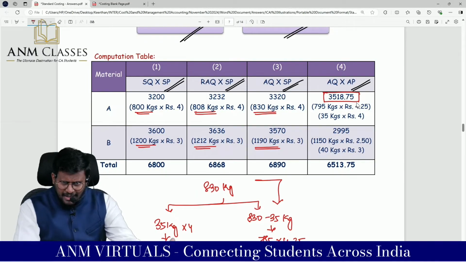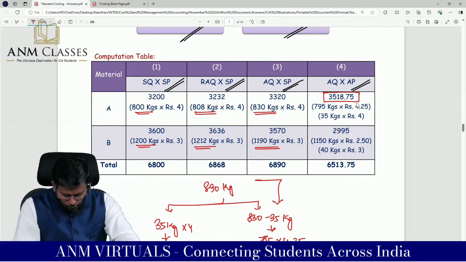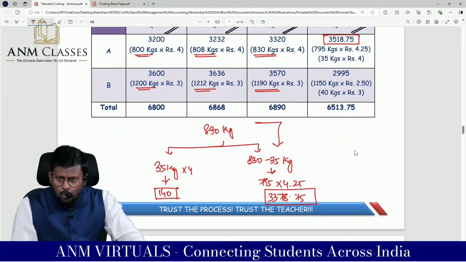Sir, you may take 830 kg into 4.25 straight away.